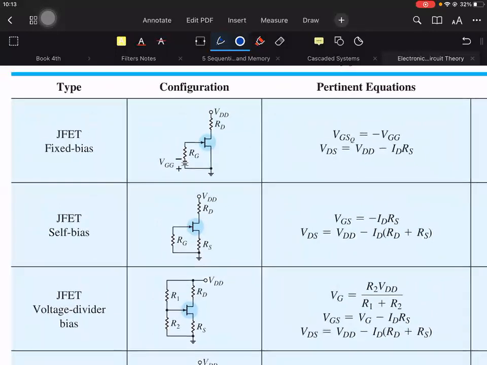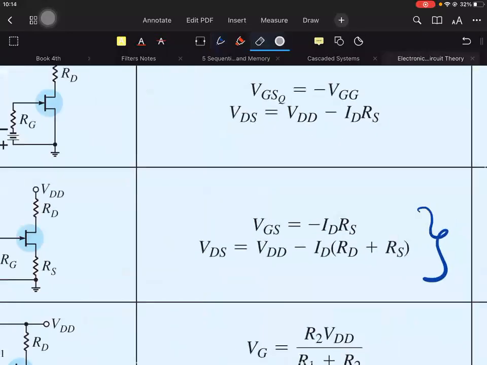So, of these three, for this example, we'll use this one. VGS is equal to negative ID times RS, and VDS is equal to VDD minus ID times (RD plus RS). In the givens, VDD is given, RS is given, RD is given.